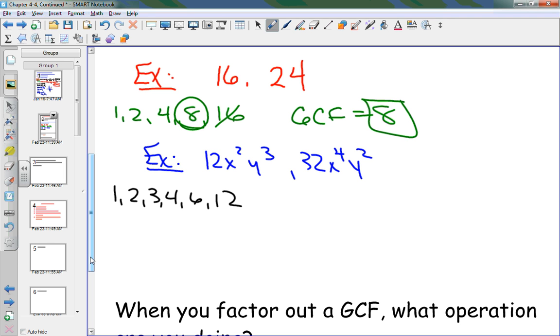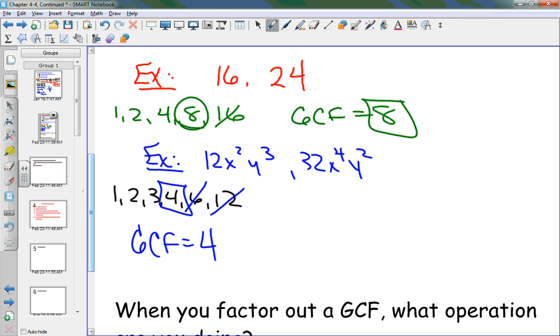And what do I start out with? The largest one. Does 12 go into 32 evenly? No, it does not. Does 6 go into 32 evenly? No. Does 4 go into 32 evenly? Yes, it does. So therefore, 4 is going to be part of my GCF.